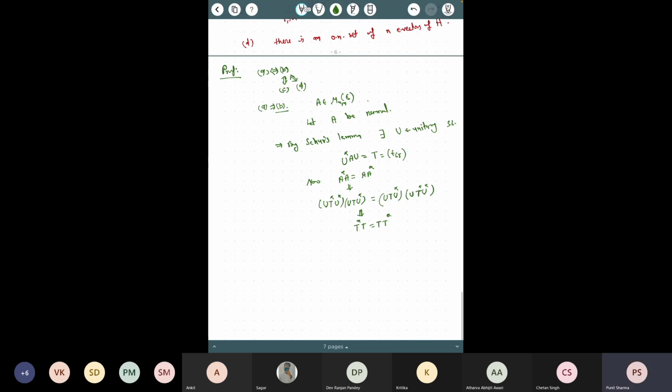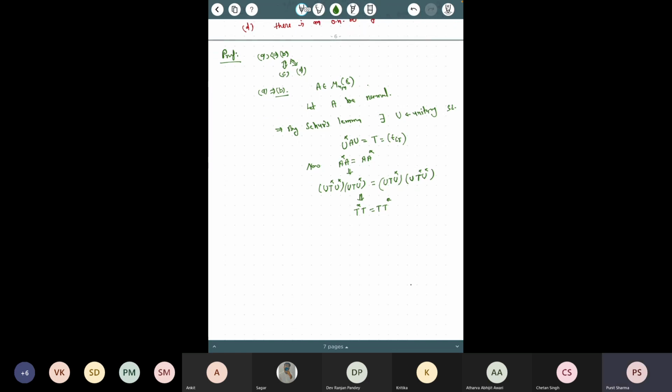Now T is normal means what? T is upper triangular. So if my T is this one, let's say an upper triangular matrix, then T star would be lower triangular. It would be this one. Similarly, on the right hand side, T would be upper triangular, and then T star would be lower triangular.